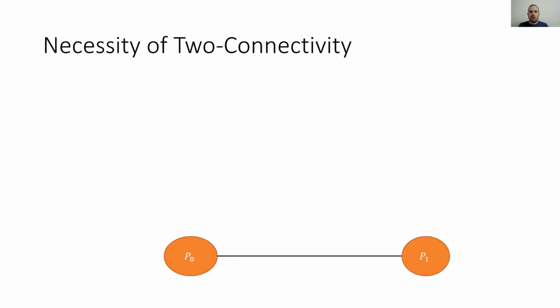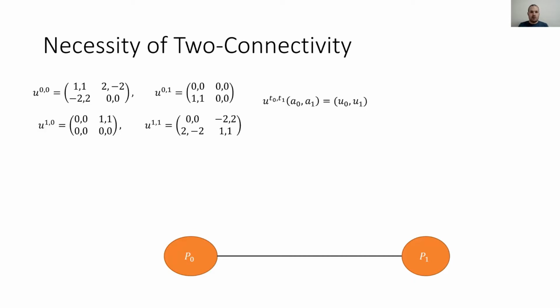Now I want to show you why the assumption of two-connectivity is necessary. For this, let's look at a two-player game. Each player will get a type, either 0 or 1, with uniform probability, and an action, either 0 or 1. The utility functions are defined by those matrices.